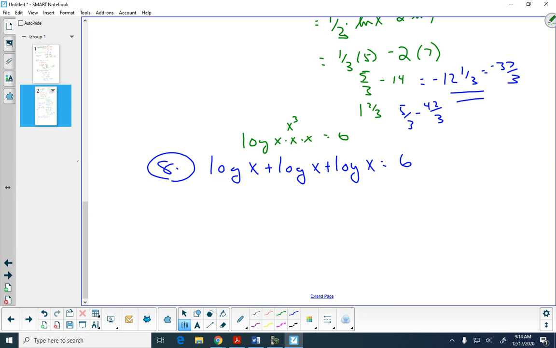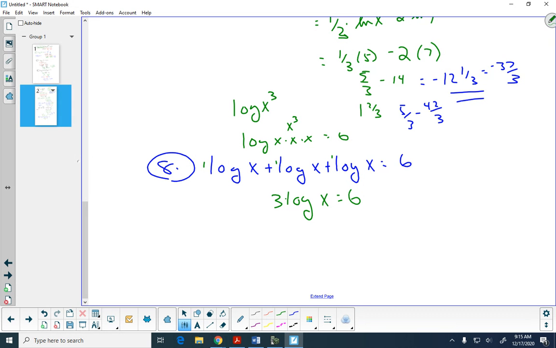Or I can write this as 1 log plus a second log plus a third log. 3 log of x is equal to 6. And this would be the same thing up here.